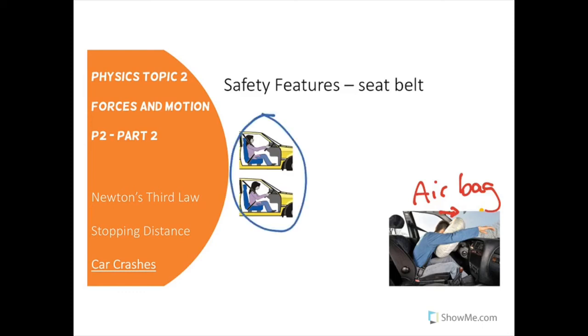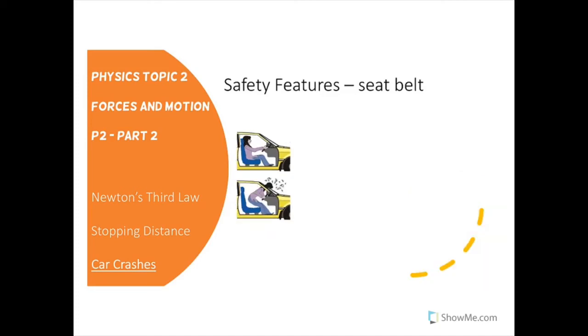And all that a seatbelt does is it allows the person to slow down with the car. If somebody was not wearing a seatbelt and they were travelling at 20 meters per second in the car, if the car crashes and slows down to 0 meters per second, that person is still effectively going at 20 meters per second because they were going at the same speed as the car.